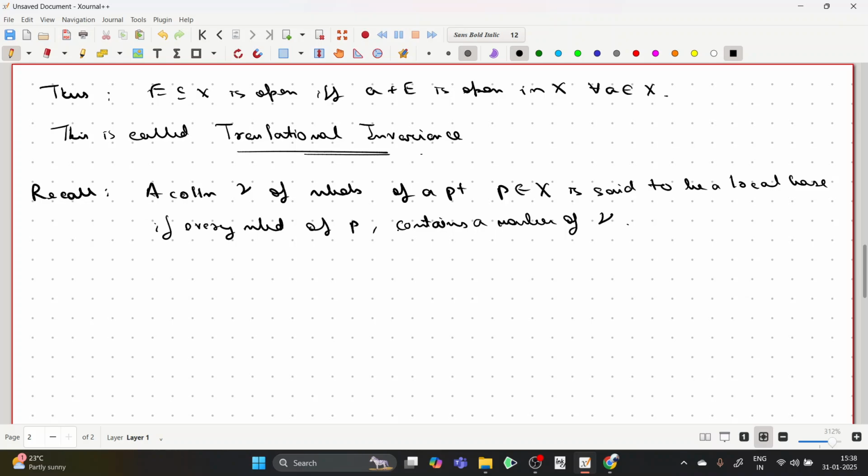So how is it useful in terms of translational invariance?